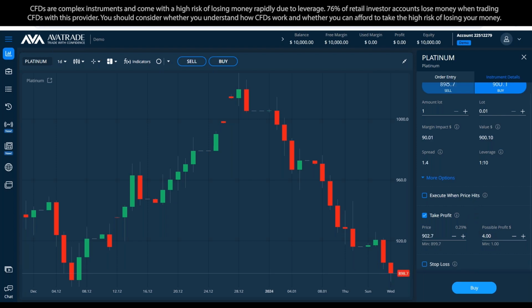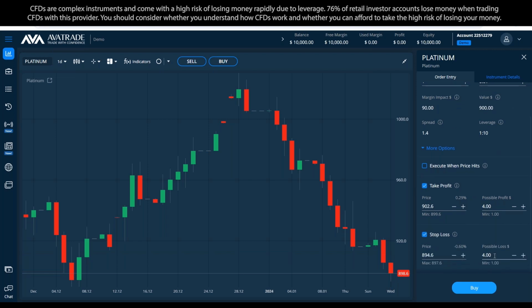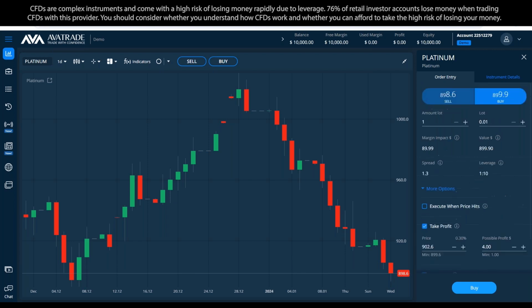It's showing me the possible profit, so I can know if it goes up to a certain point or down to a certain point, what can be the outcome, which is again extremely helpful because then I can decide if I want to do it or not, right? If I wouldn't do it, I could have never known what can possibly happen. It would be pure gambling.